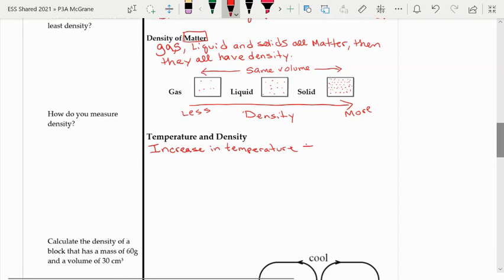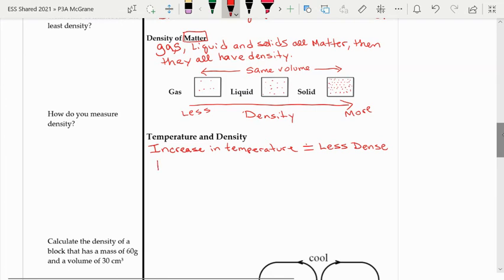So I'm going to say equals less dense. We know that. So we need to start by looking at two things. We need to look at the volume and the mass.